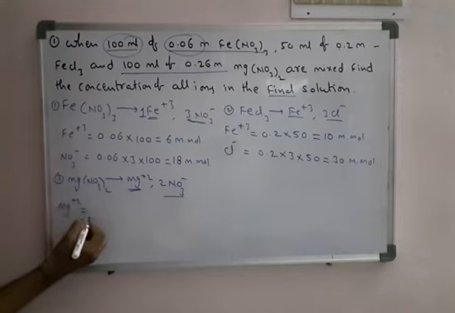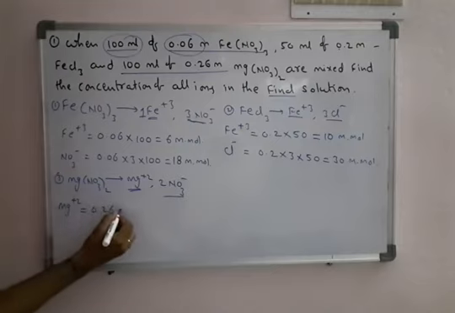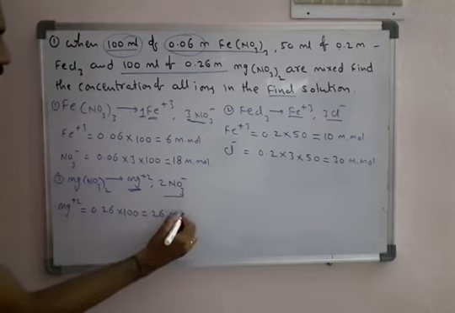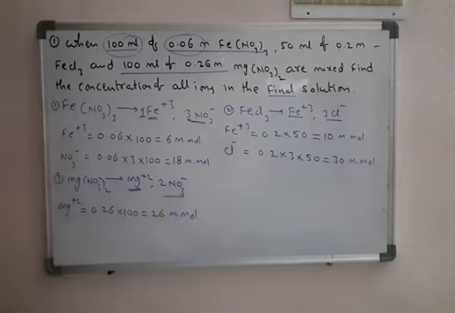Therefore Mg+2 is 0.26 into 100 mL, that is 26 millimoles of Mg+2. Next, what about NO3-?